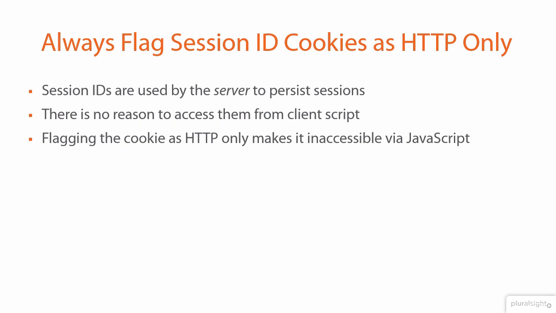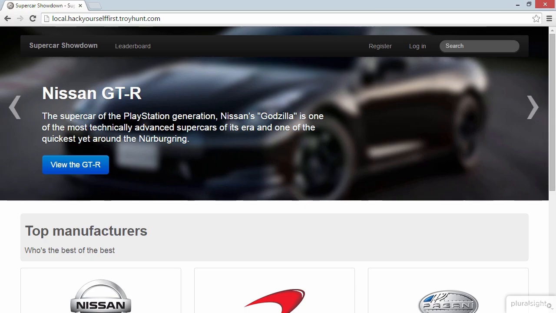So let's jump back into the browser and have a look at my modified app that now treats this session ID just a little bit more securely. I've loaded up the version of this vulnerable website that is running on my local machine, so just take note of the local prefix there in the URL. This isn't the one that you can go and use on the external web.